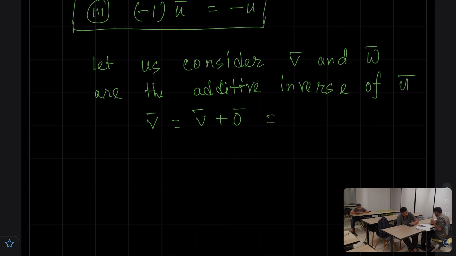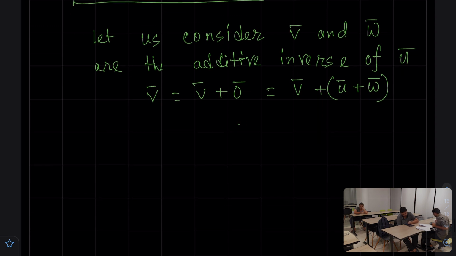Then since W is the additive inverse of U, V vector plus U vector plus W vector, and I can use the associativity: V plus U vector plus W vector.